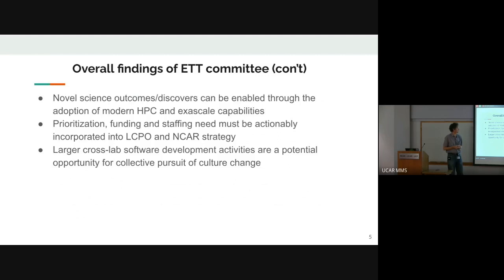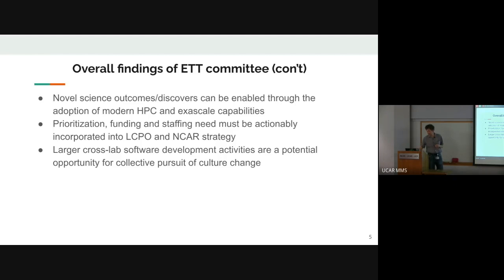Prioritization of funding and staffing needs must be baked into both the NCAR and LCPO strategies. They just can't come from the top and say this is important without providing funding for this. We also thought that larger cross-lab software development activities were a potential opportunity for working on culture change.